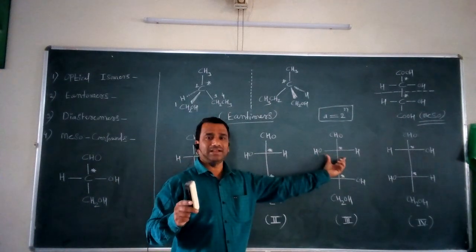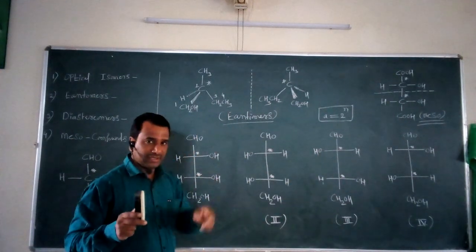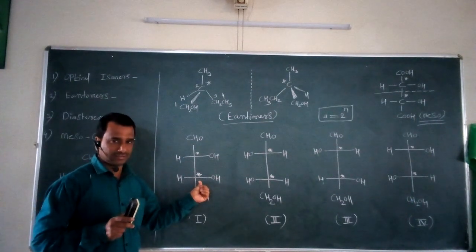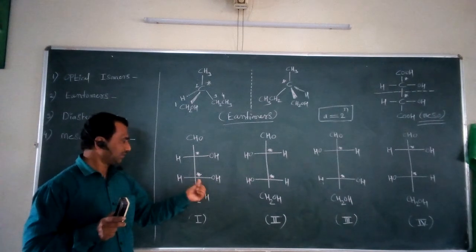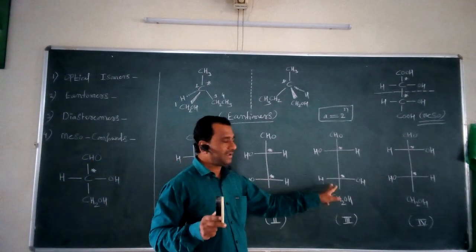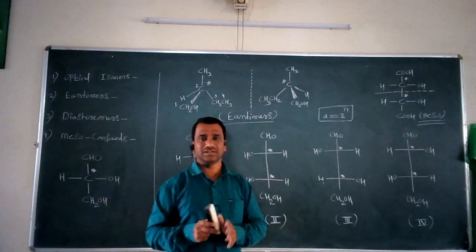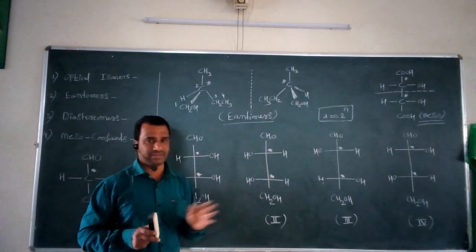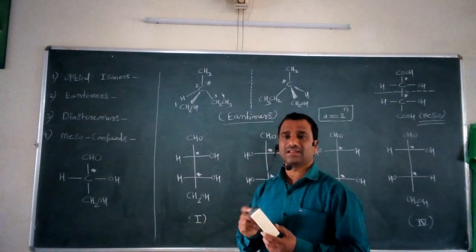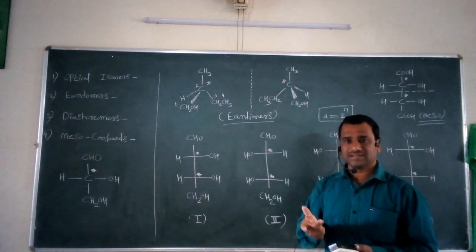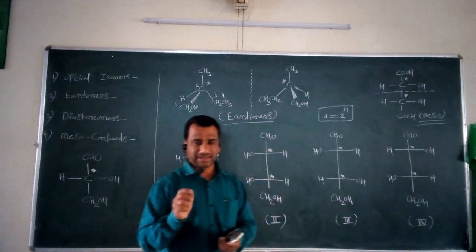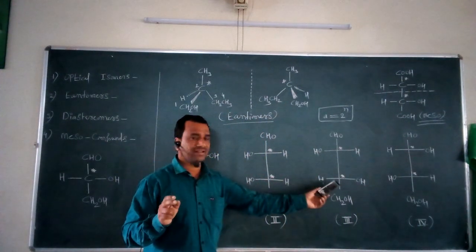But in this case, it gets inverted. At the same time, if we look at the third chiral center in the first stereoisomer, it has hydrogen and OH, and in this case it has H and OH. It is similar to each other. So in these two isomeric forms, first and third, the arrangement of hydrogen and OH at the first stereo center gets changed, but at the third center it remains as it is.